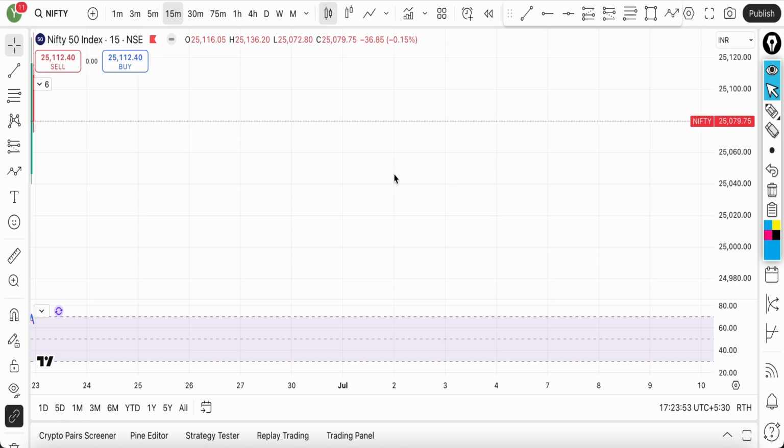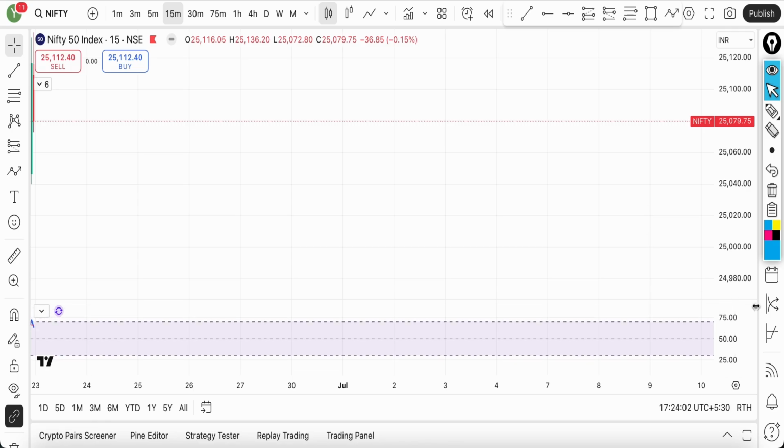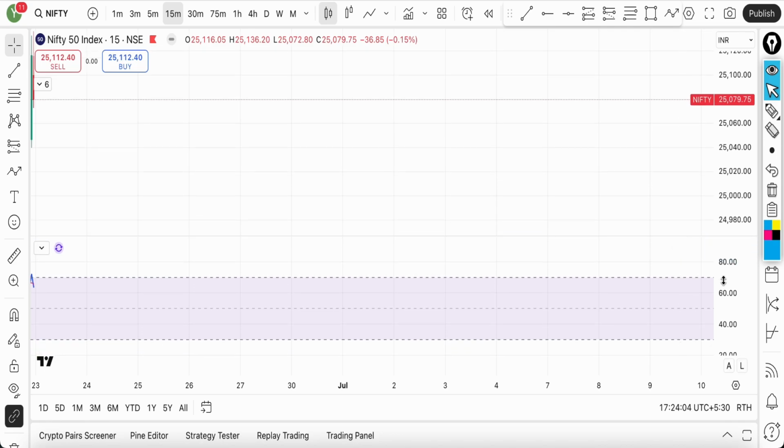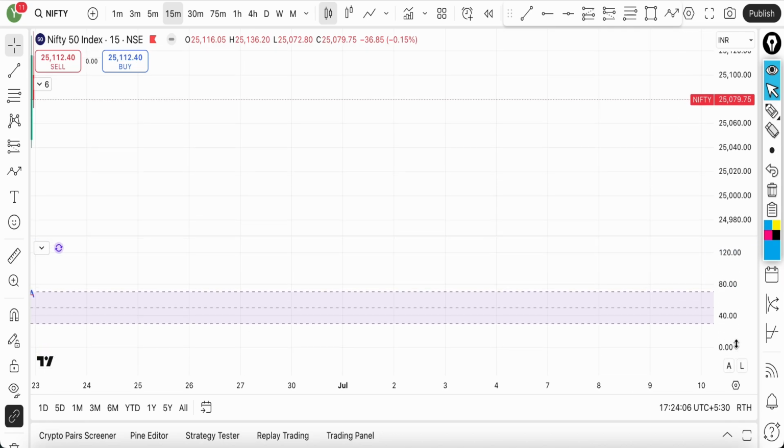Now, how do you define divergence? RSI basically is a momentum oscillator that ranges between, I'll just increase the size of this particular panel, 0 to 100, right? The value of RSI will change between 0 to 100 and what RSI shows is the strength of the recent price moves, right? So what exactly is the strength in the recent price moves?